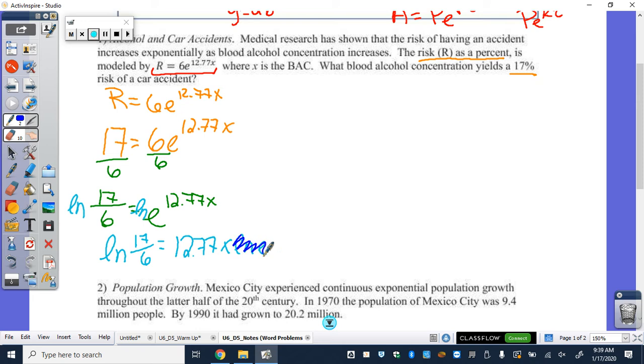So then what do we have to divide by? 12.77. So go ahead, type that in your calculator. Let's see what we get.